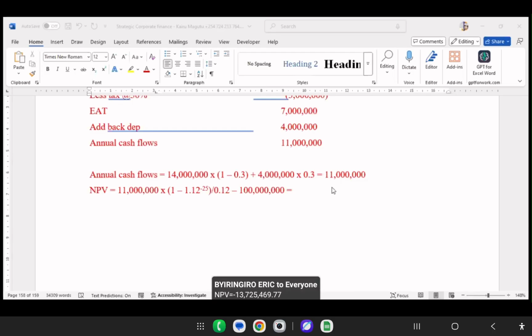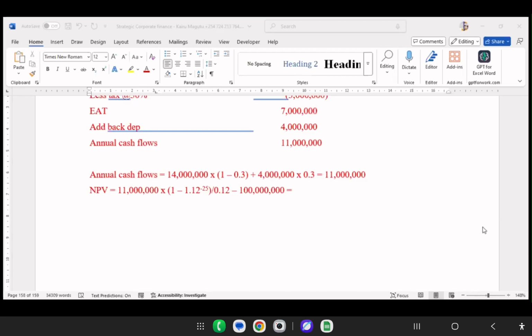How much is the NPV? Someone says that you have made a mistake on the annual cash flow. So what is the annual cash flow if there is a mistake? Please, can I see that?